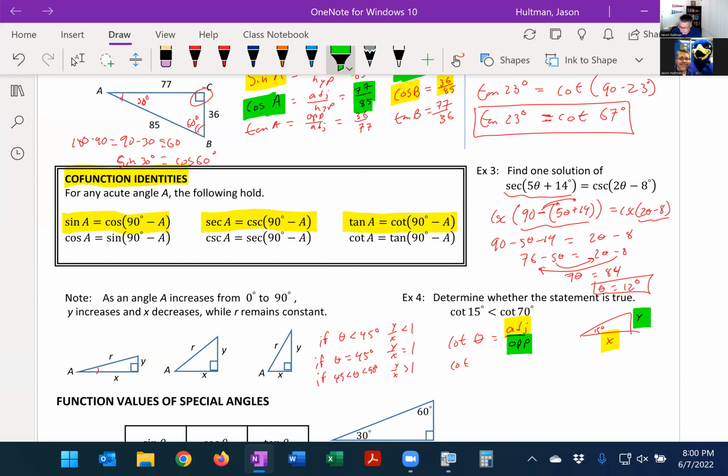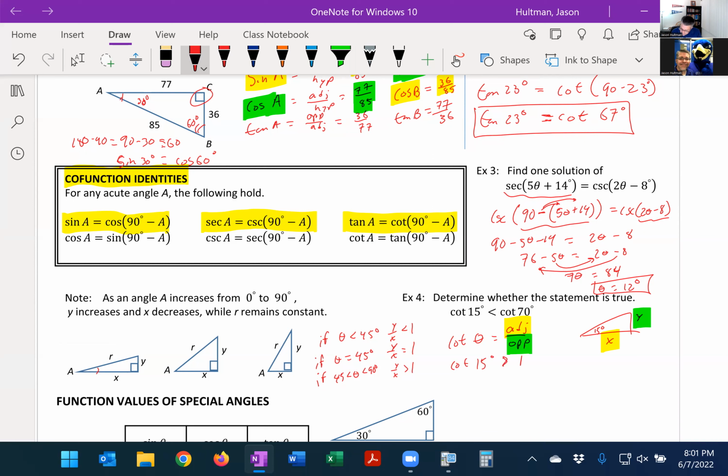Notice that for a 15-degree angle, x is much bigger than y, so x over y is going to be greater than 1. So the cotangent of 15 degrees is greater than 1.